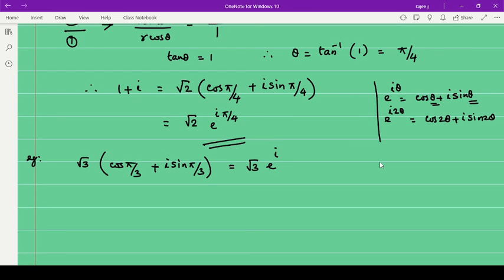Or if e raised to i pi by 7 is given, this means cos pi by 7 plus i sin pi by 7. This is useful while doing the Mobius problem. So like this we can write.